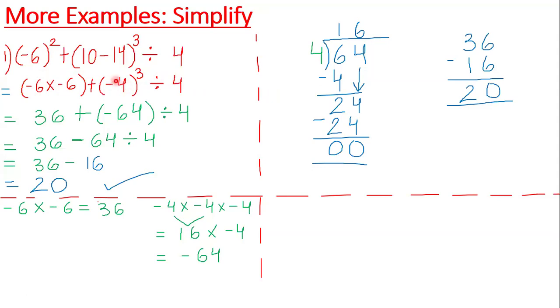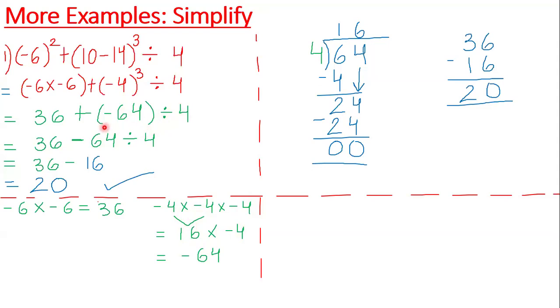Then negative 4 cubed means negative 4 times negative 4, which is 16, and 16 times negative 4 is negative 64. So we say negative 64 divided by 4.